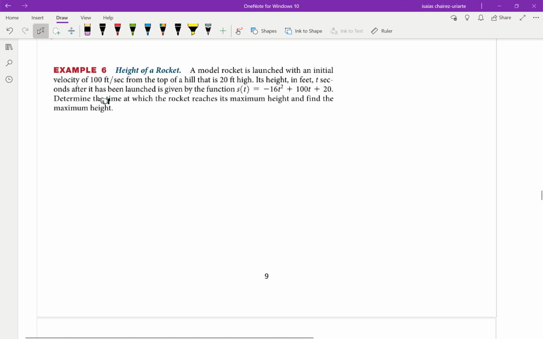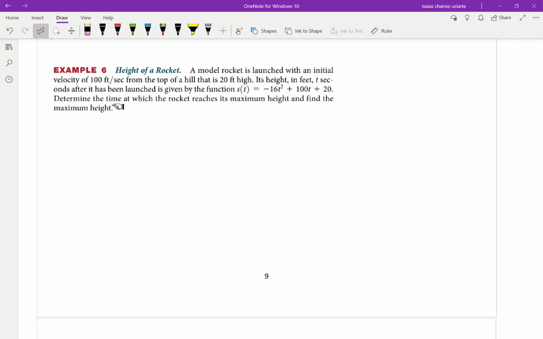We want to determine the time at which the rocket reaches its maximum height and also find the maximum height. Pause the video, see if you can figure out the time at which this rocket reaches its maximum height and the height at that point.